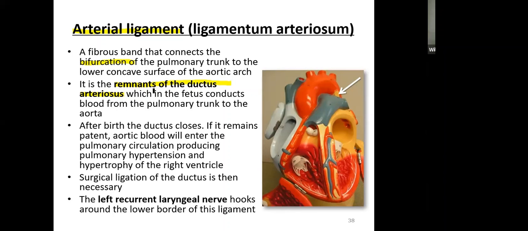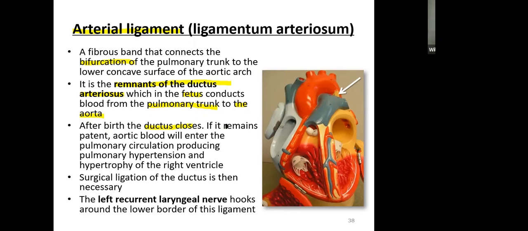It's the remnant of the ductus arteriosus, which in the fetus conducts blood from the pulmonary trunk to the aorta. But of course, we don't need that once we leave our mothers, so that closes up and becomes a ligament.